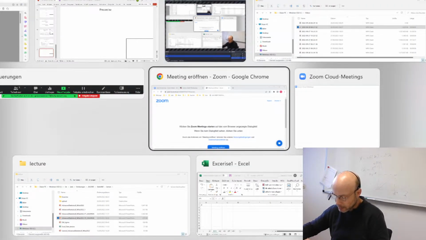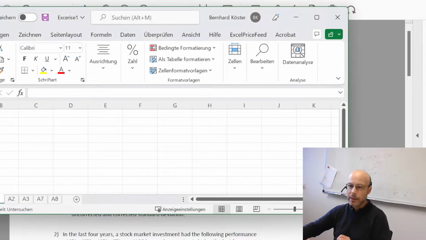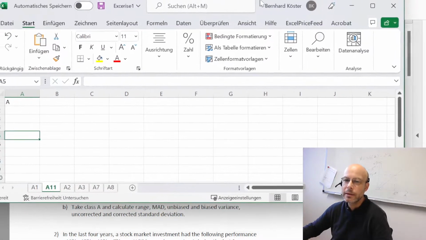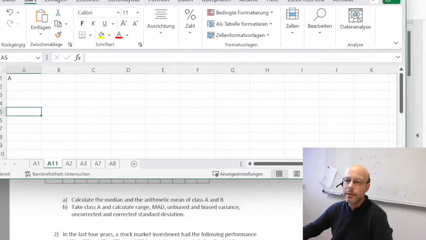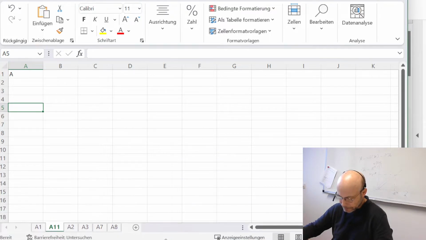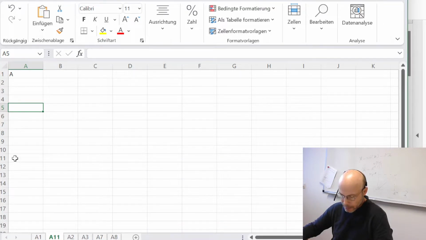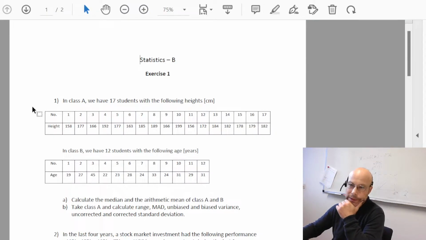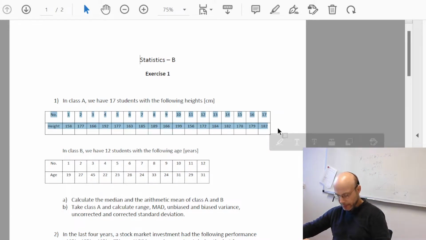So let's open Excel, and I move this here so that you can also see the menu. First of all, we need to get the data inside of Excel, and this I show you also. Then you can just copy these numbers.